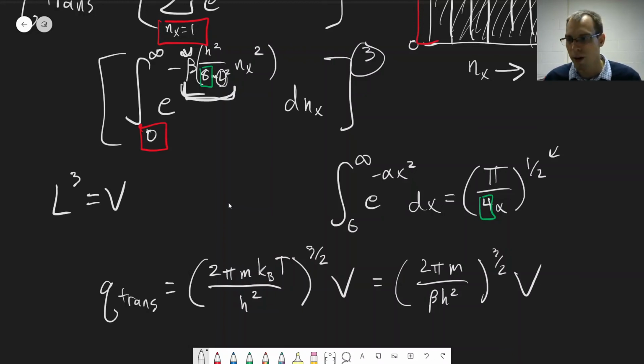And this is the translational partition function. We've seen this before already. We've already done some calculations with it.